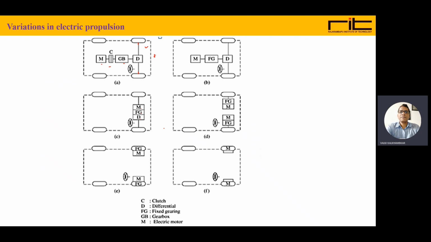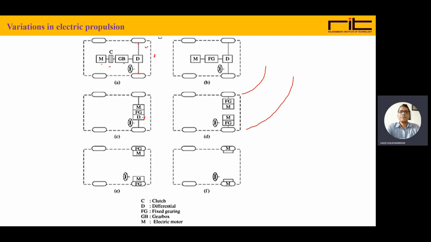Further, we can modify by removing the differential also, which supports transmitting the power, and is a gearing arrangement to control the smooth turning of the vehicle. As the vehicle turns, the wheel speed has to be adjusted properly so that the vehicle can take a smooth turn. For this turning purpose, the differential takes care.